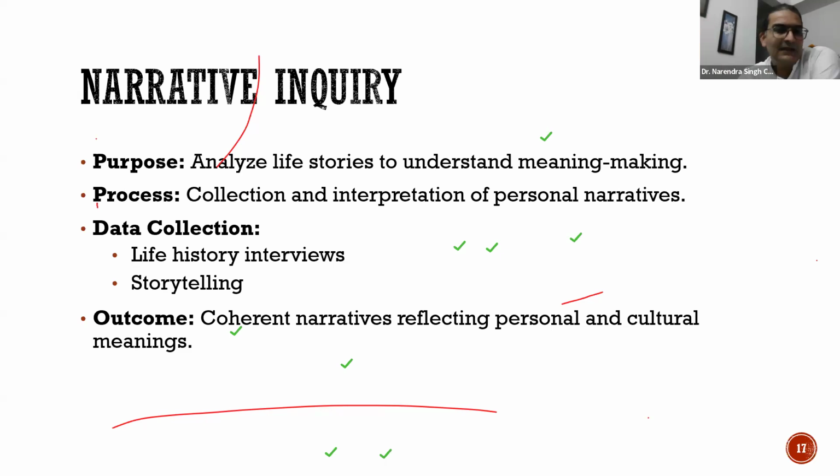So that's storytelling, life history. So you're narrating. That is why I am using narrative inquiry. I have a paper on this technique also. I'll share that with all of you. So the outcome is coherent narratives that reflect personal and cultural meanings. So that means you are adding meaning to it, in a storytelling manner.